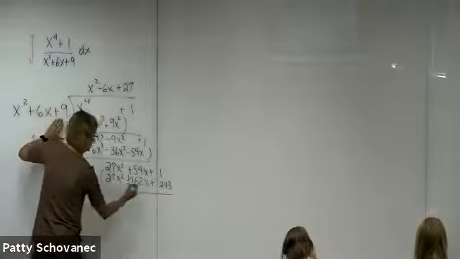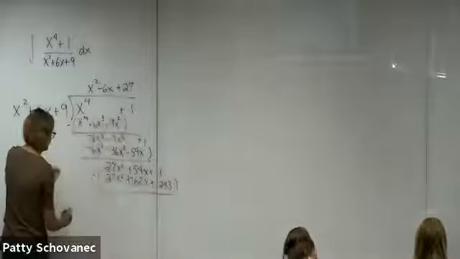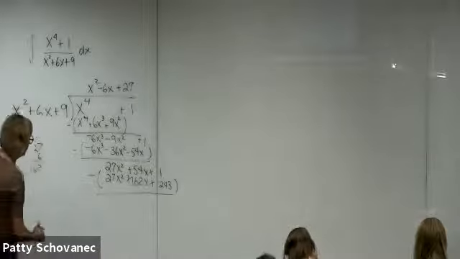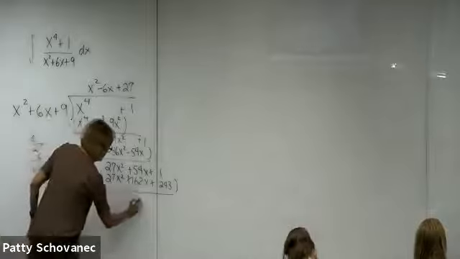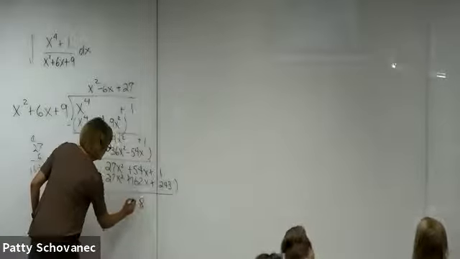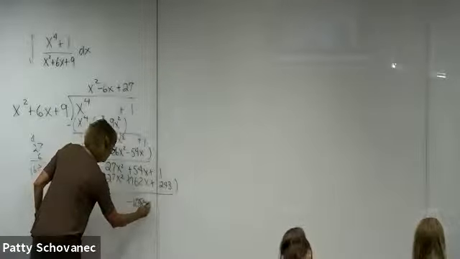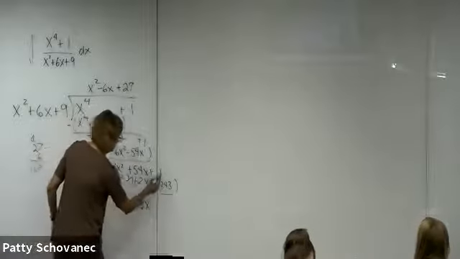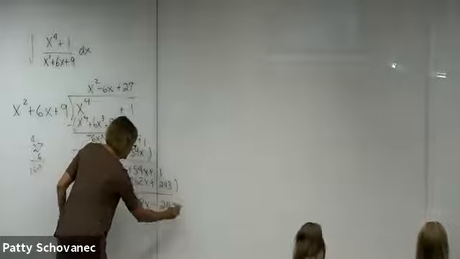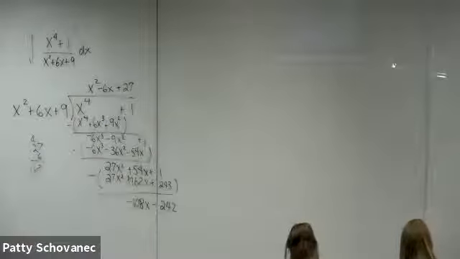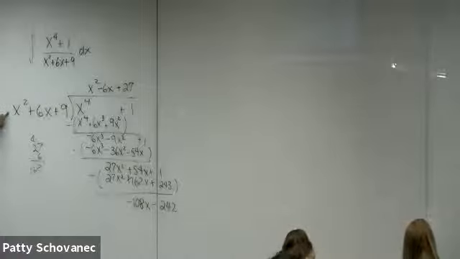And subtract that line from the line above it. So the x squareds are gone. I need 162 minus 54. Negative 108. And then 243 minus 1 is a negative 242. And that's a lower degree. So that becomes the numerator of the fraction.